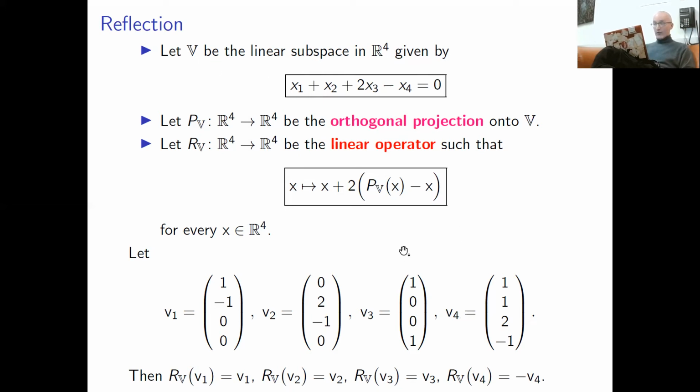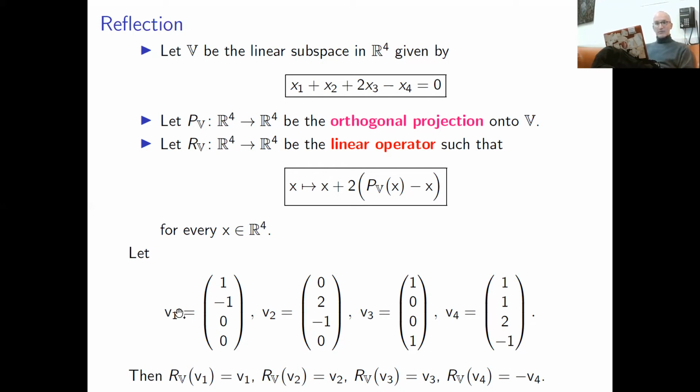Now, if you think about what happens to these vectors when you project them to V, you just get V1 because V1 is already in V. Again, V2 is projected to V2, V3 is projected to V3, and V4 is projected to 0 because it's orthogonal to V by definition of orthogonal projection.